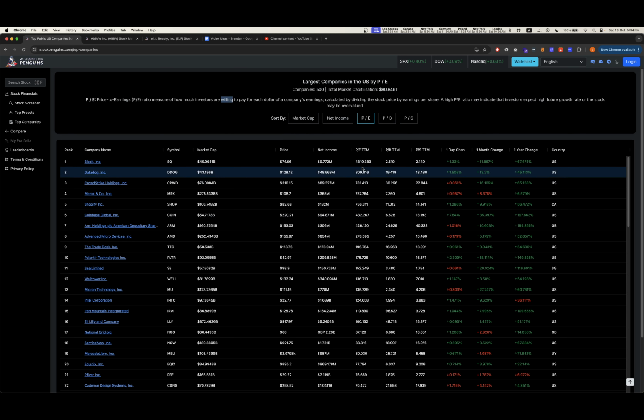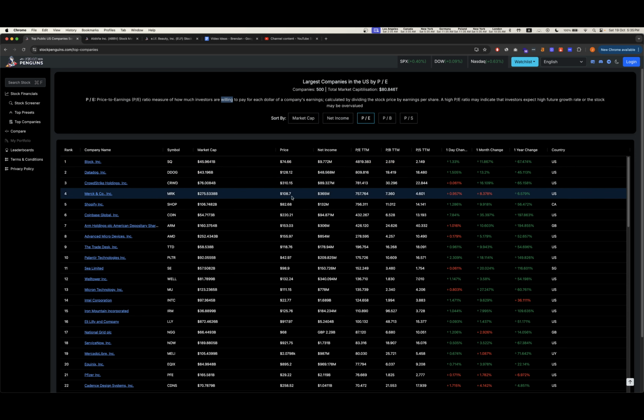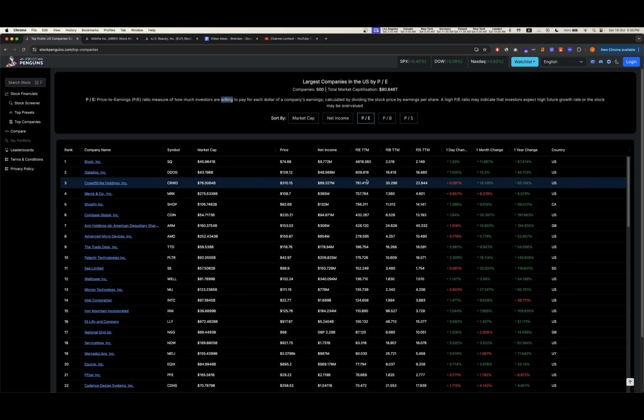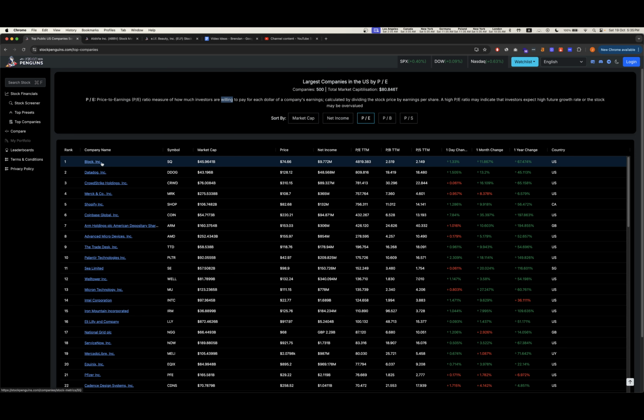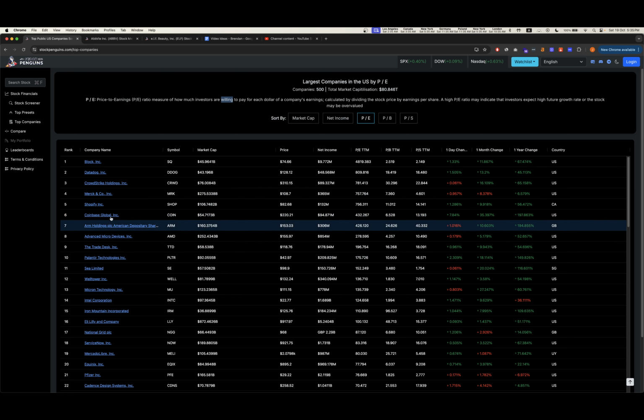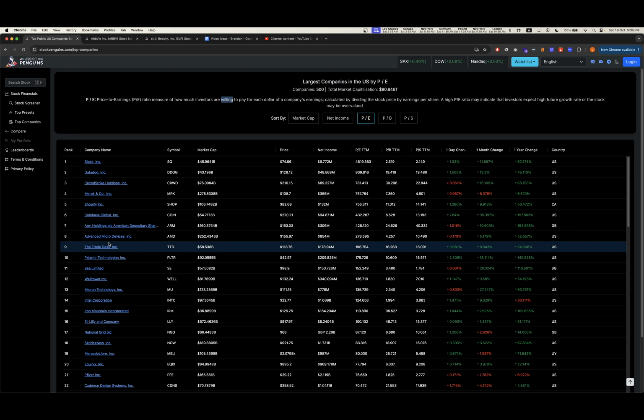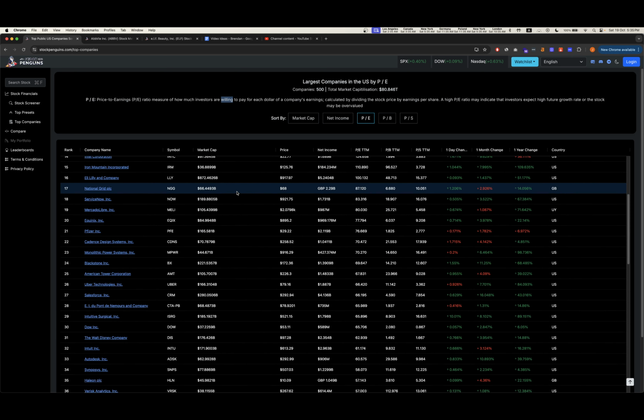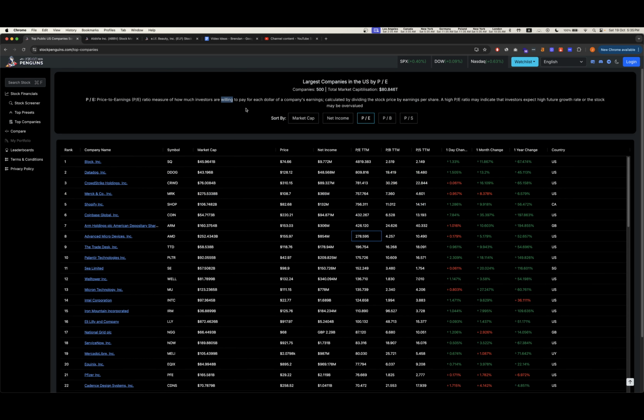The next one we're looking at is price to earnings. These are, I would say, the most overvalued, the most expensive companies in the space. You can see CrowdStrike over here, 781, Block or Square, Datadog, Shopify, Coinbase, all your technology companies are here. The reason why they're at the top of the list is generally because technology companies generally grow much faster than other industries, so people are more willing to pay a premium for this.